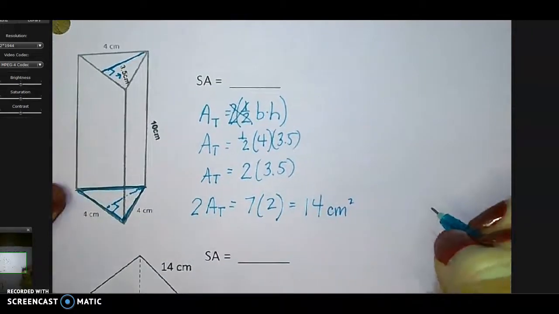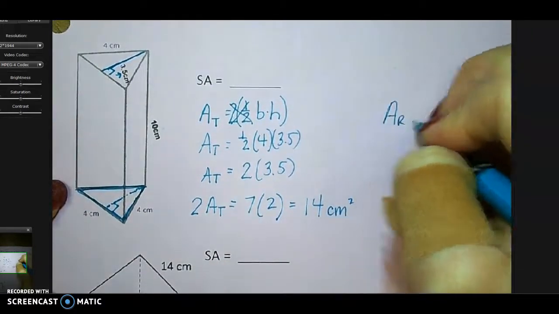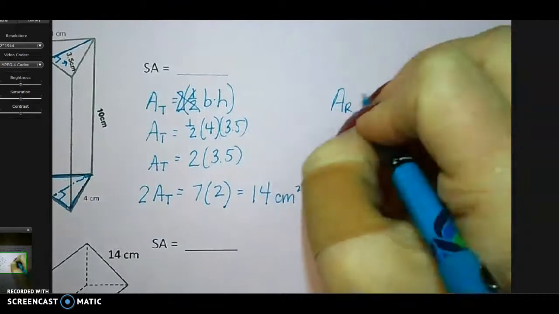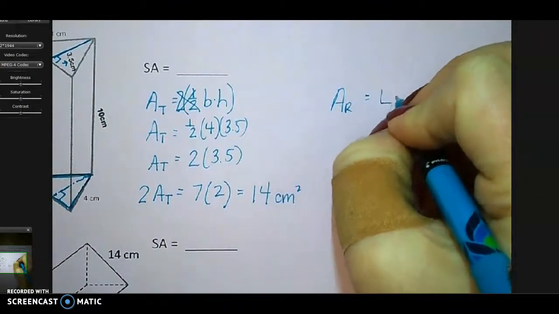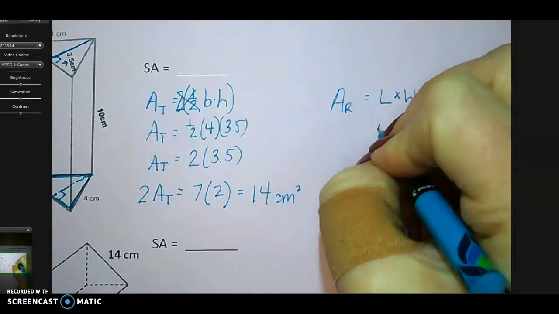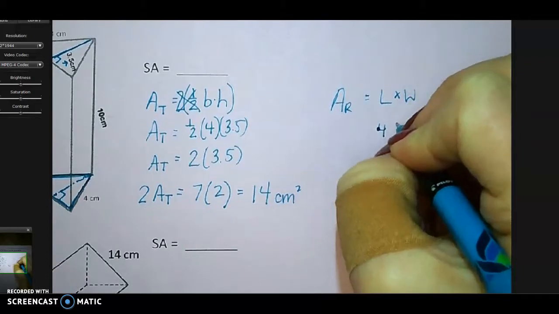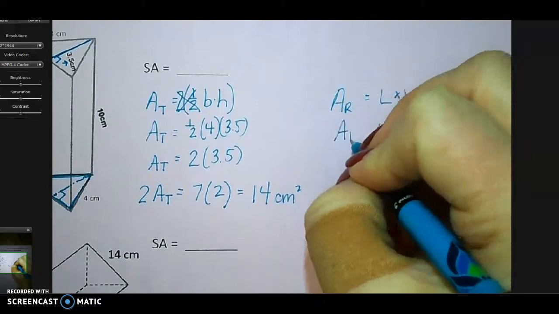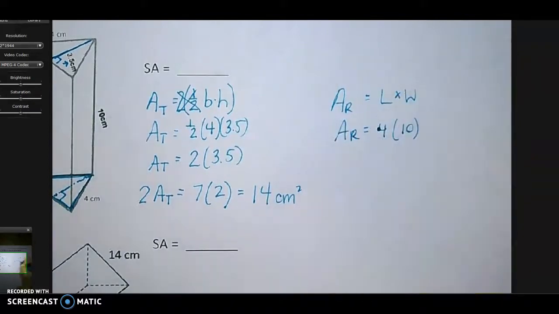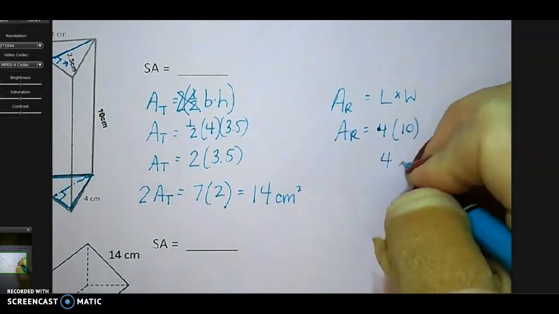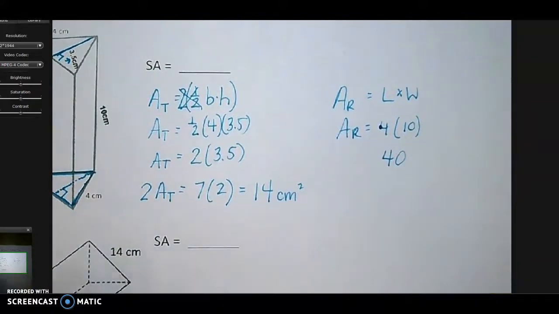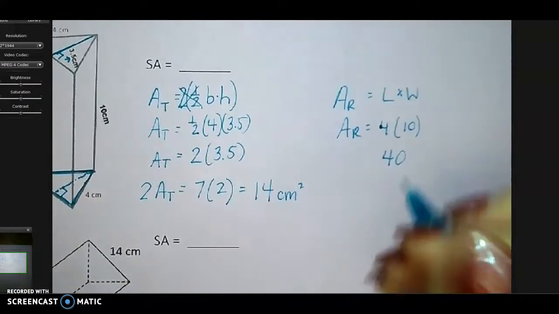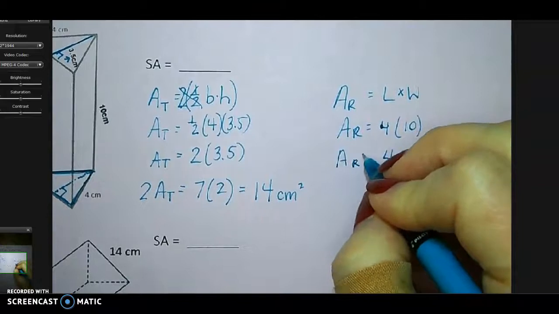Then I have my rectangles, and the area of one rectangle is going to be length times width, which is going to be 4 times 10. And it doesn't matter which order you do that in, remember? And so that's 40, and then I have 3 of those. I have 3 of those rectangular sides.